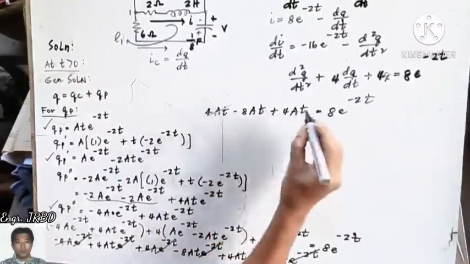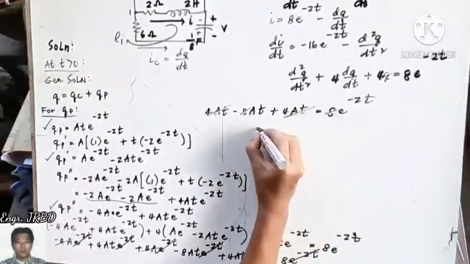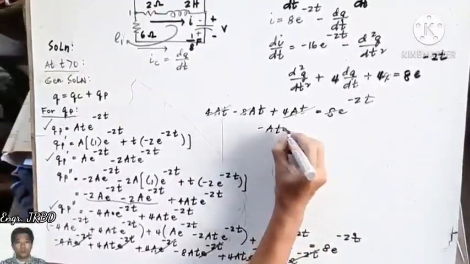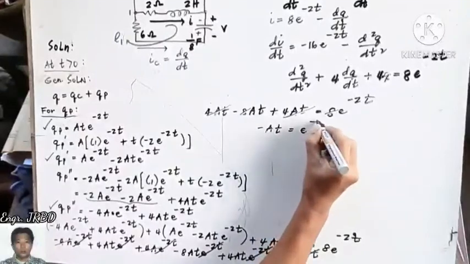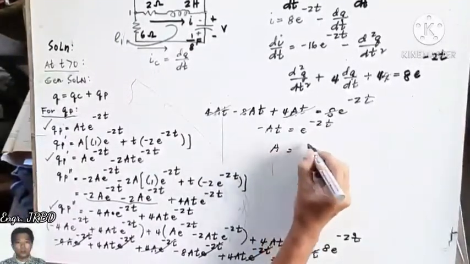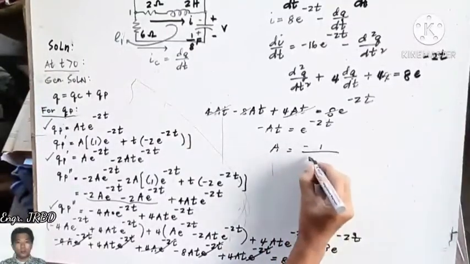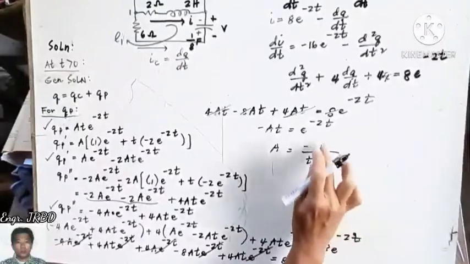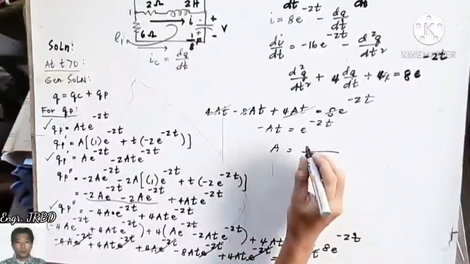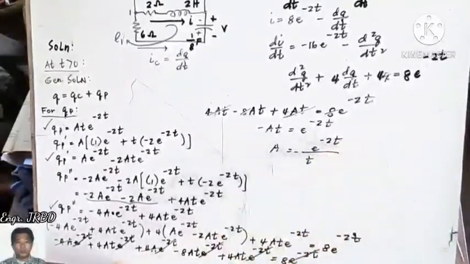So this will cancel. So we will now have negative a times t is e raised to negative t. Or the value of a is negative 1 over t, or negative e raised to negative 2t.